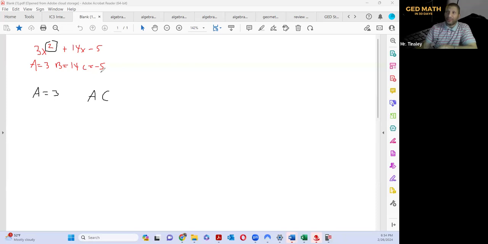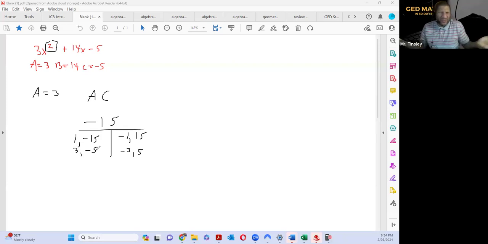So 3 times C, 3 times -5 is -15. You've got to find a factor pair. So 1 and -15, 3 and -5, -1 and 15, -3 and 5. Oh, Mr. Tinsley, that's not that hard. That's what we did before. I can kind of understand that. Okay. So what you should remember is what term is going to give us 14?